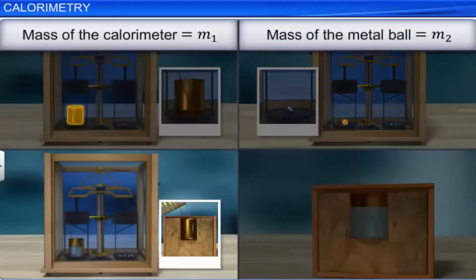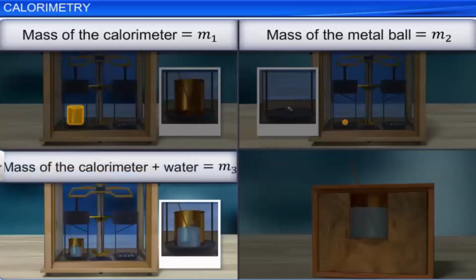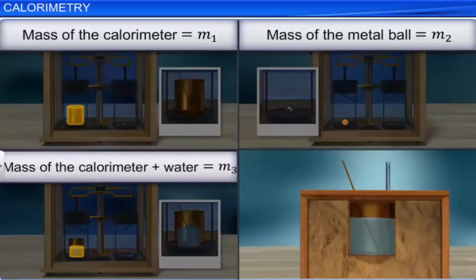Pour sufficient water into the calorimeter. And then the mass of the calorimeter and water is found to be M3. Then mass of the water is equal to M3 minus M1. Note the temperature of the water.